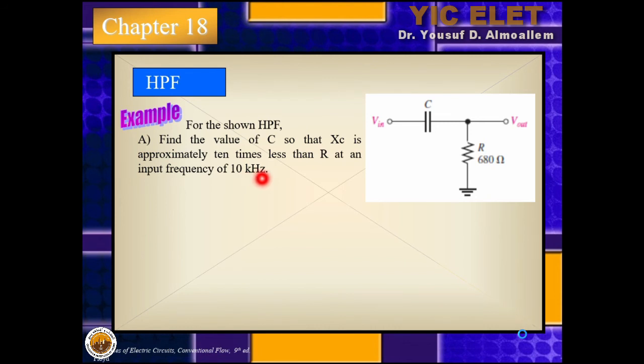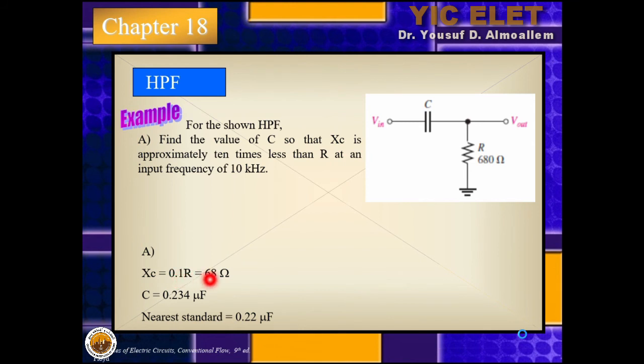When we say that XC is 10 times smaller than R, we can say immediately that XC is equal to R over 10, or 0.1 times R. And this is what we can see from here. So XC is equal to 0.1 R.